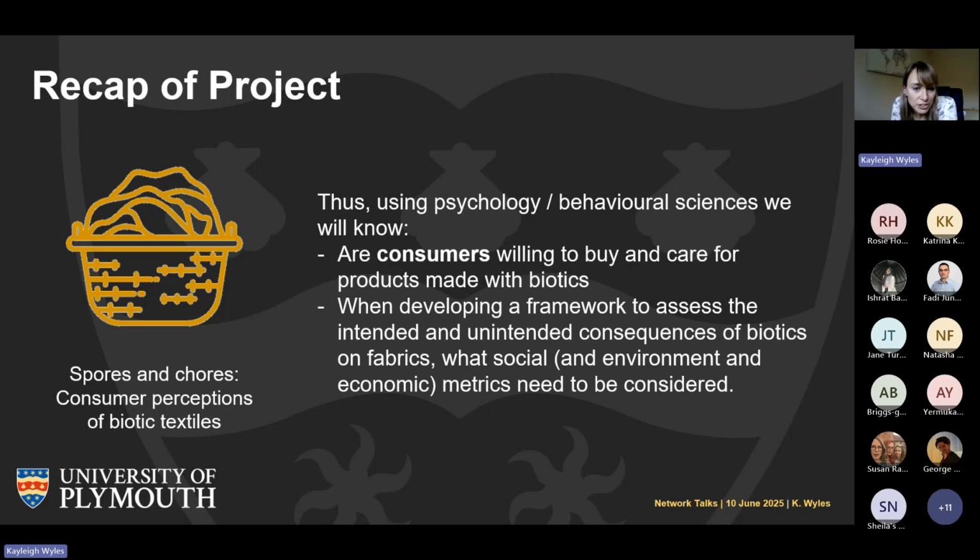From the social science point of view, what are the metrics to consider in terms of intended and unintended consequences? Are people going to change their behavior to care for their textiles appropriately, and what are the environmental and economic impacts of such innovations?